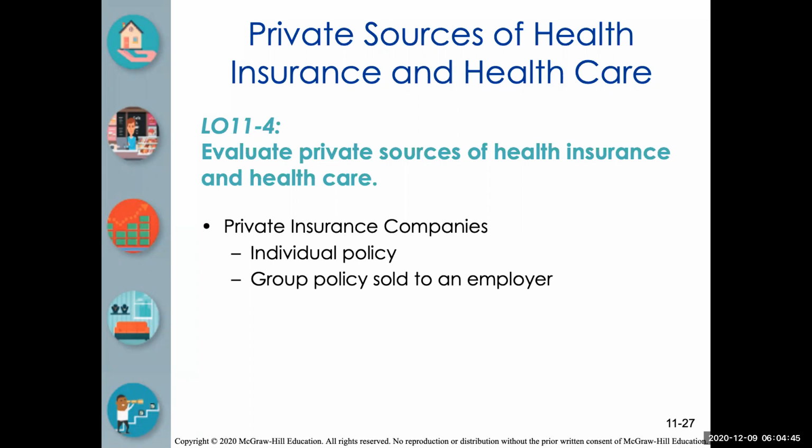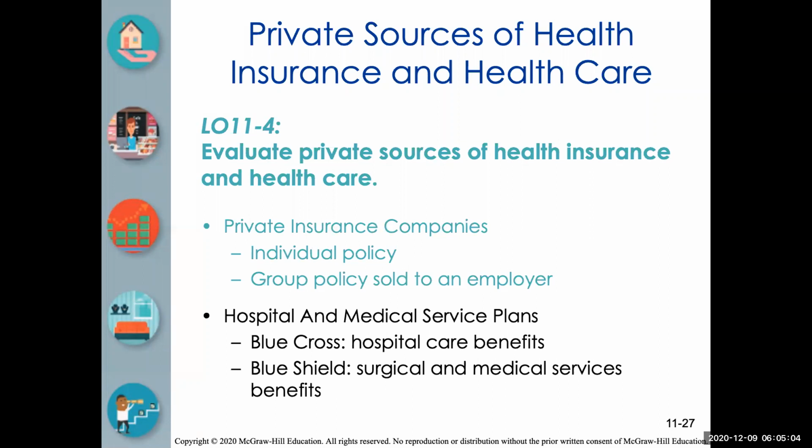You can get an individual policy, you're going to pay more for it. But you can also have a group policy that's provided to you by your employer, that a policy is sold to them by these private insurance companies. And when we think about the hospital medical service plans, we're talking about Blue Cross Blue Shield. I'm sure you've all heard this.